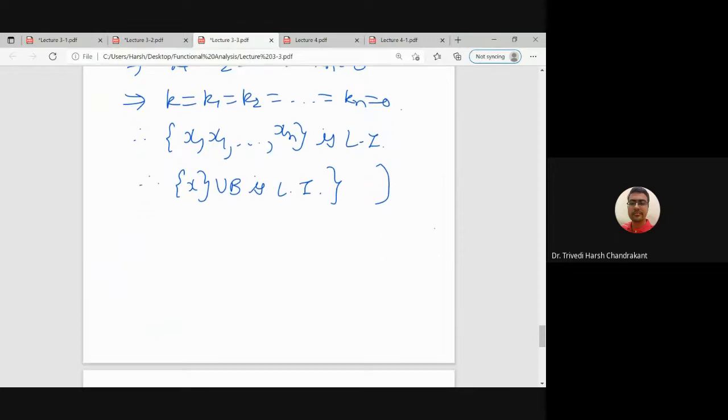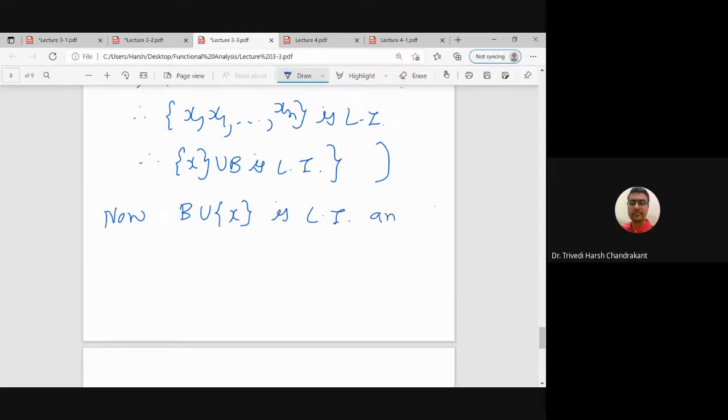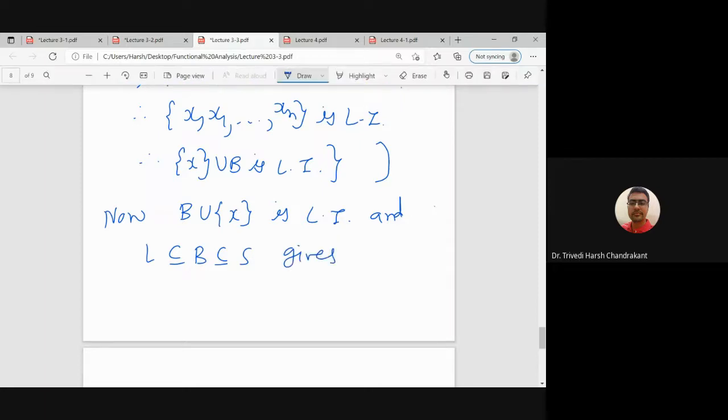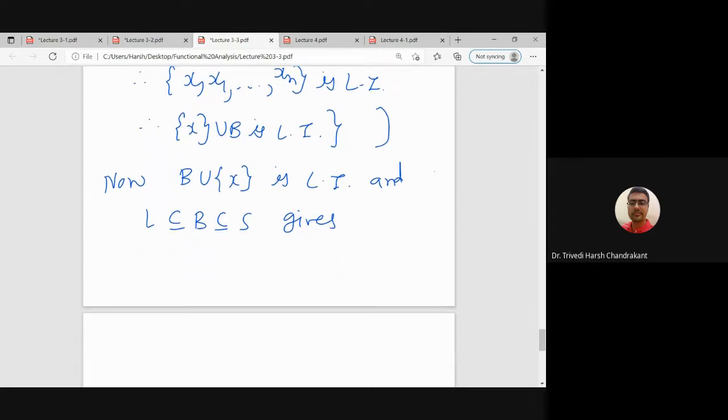So essentially what we got is a bigger set B union x which is LI, and L is a subset of B, a subset of S. What can we say about B union x, whether B union x satisfies this property?